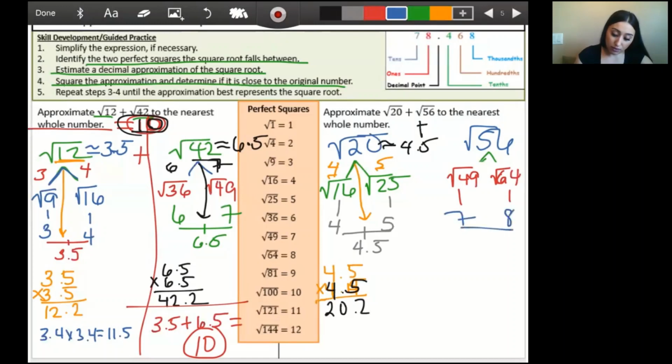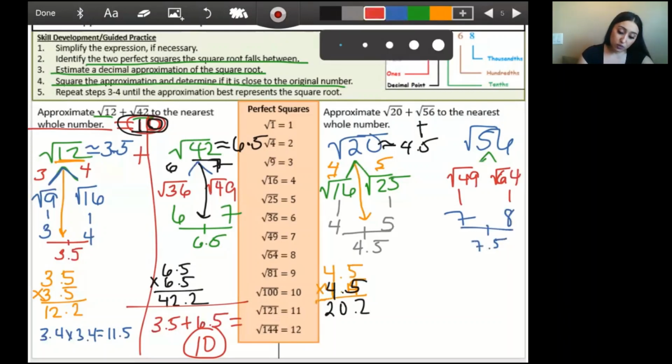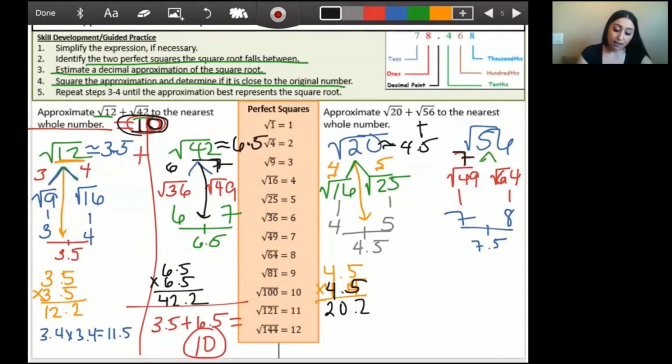Draw my number line. Right down the middle, I have 7.5. I know that the square root of 56 is only 7 units away from the square root of 49, and the square root of 56 is 8 units away from the square root of 64. So because again it's similar down the middle, and when I say similar, I mean it's only off by 1, so it's not a huge gap.